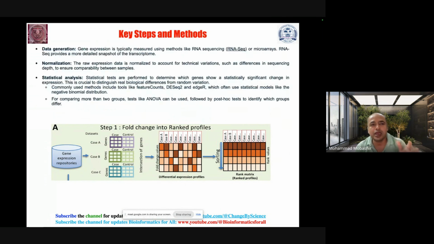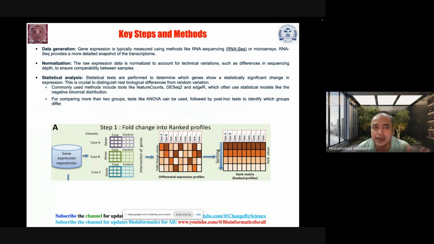Now, you can think in terms of data generation, normalization, and statistical analysis. Data generation can be from any platform, whether RNA-seq, NGS, Oxford Nanopore, or microarray platform, irrespective. But you need to normalize the data and go for data accuracy and correction identification.